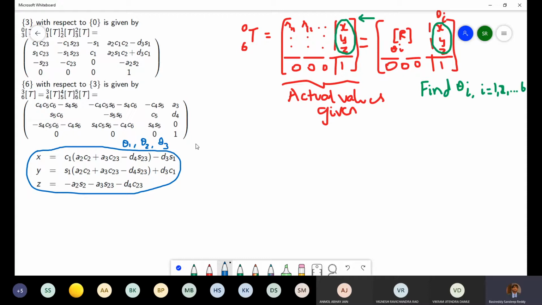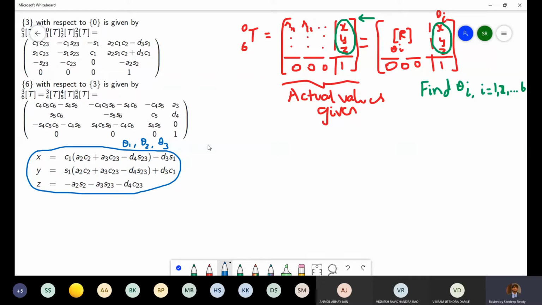Now let us say that instead of theta 1, theta 2 and theta 3, the x, y, z expressions contained even theta 4 and theta 5. Then you would get three equations with five unknowns. Now clearly it is harder to solve.